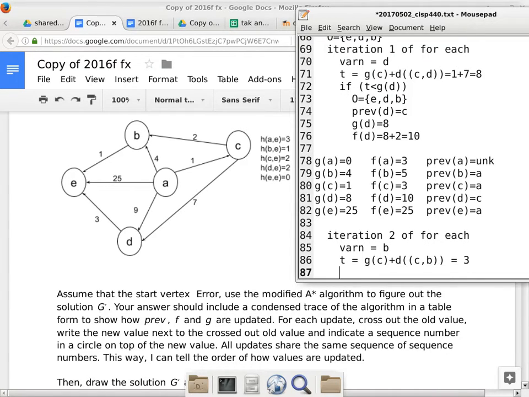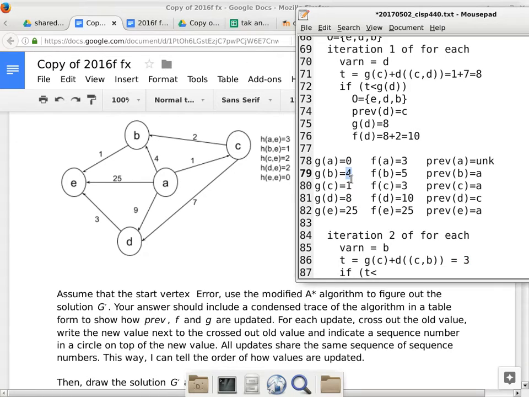The next thing we have to do is to compare and say, is this number 3 less than the cost of the shortest path known at this point from A to B? Well, we know that is 4.